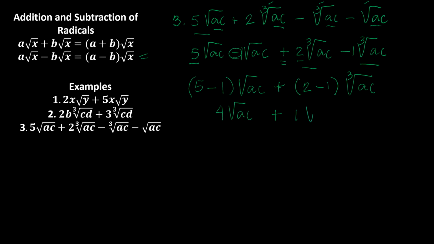And then, copy cube root of AC. Yan. Kapag naman ang coefficient ay 1, hindi na yan siya sinusulat kasi automatic 1 na yung coefficient doon. So, tanggalin na natin ito. Yan. So, ang ating final answer ay 4 times the square root of AC plus the cube root of AC. Ayan.